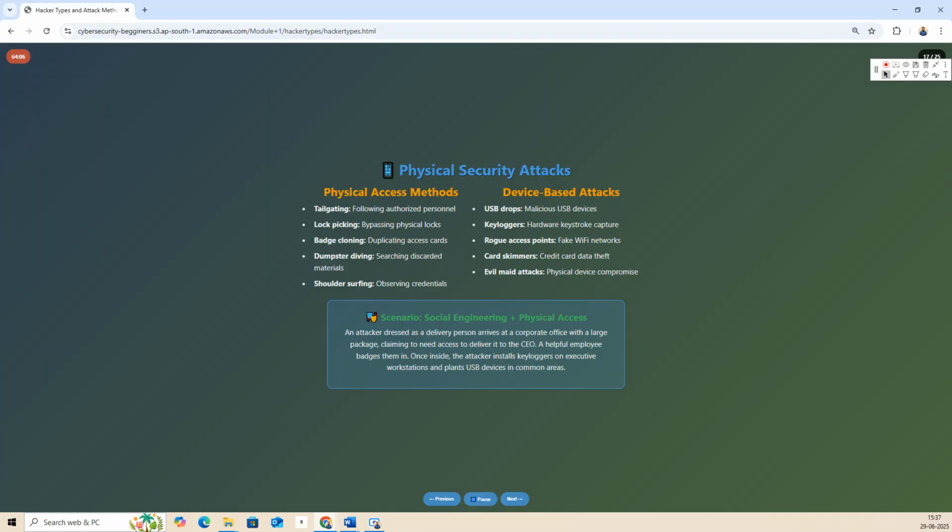But device-based attacks are particularly concerning. USB drops involve leaving malicious USB devices in parking lots, break rooms or conference rooms, hoping curious employees will plug them into corporate computers.